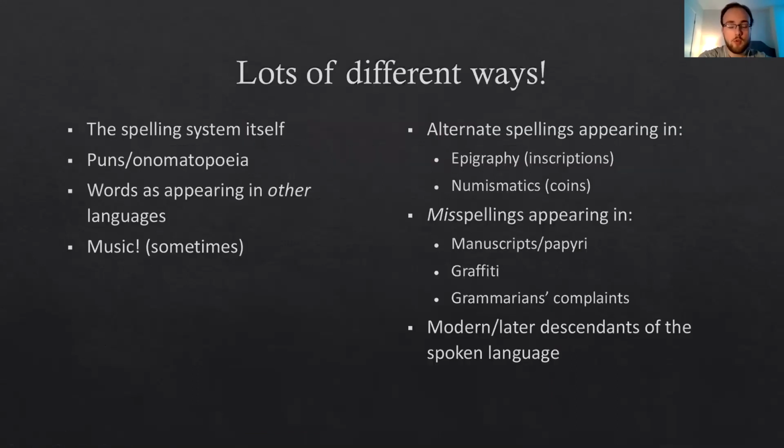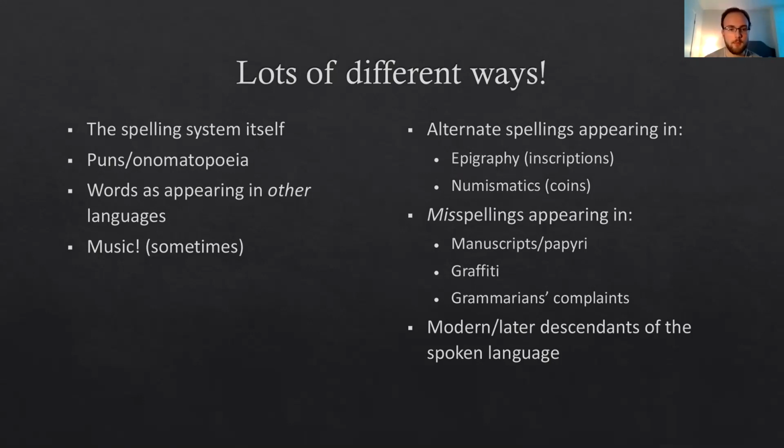So how do we know how these languages were spoken? A lot of different ways. The spelling system itself can oftentimes shed light on how we think these languages were pronounced. How the spelling system was leveraged in order to create puns, or how it was used to depict onomatopoeia, so like using language to depict sounds like bang or thwap.